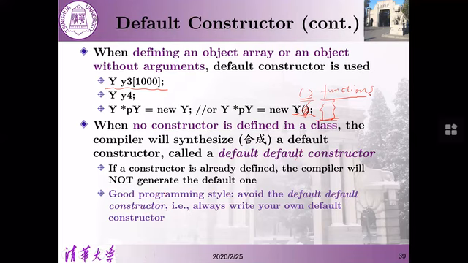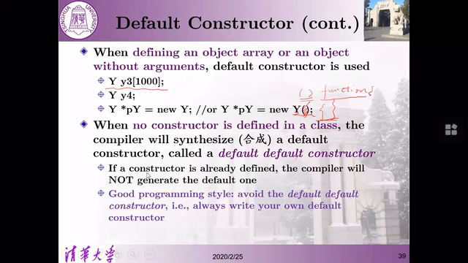And because the synthesized default constructor has no arguments, it is also called a default constructor. Am I clear? Because there's no constructor, the compiler synthesizes one, so there's one default. Another default is for no arguments. Because there are no arguments, it's also called a default constructor. So this is called a default constructor synthesized by the compiler.